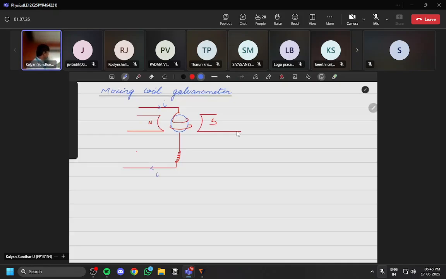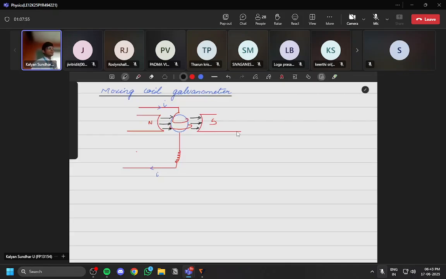These two ends are connected with terminals. Around the coil you make n number of loops, and you keep it inside a magnetic field region. A current carrying wire kept inside a magnetic field will always experience a force.